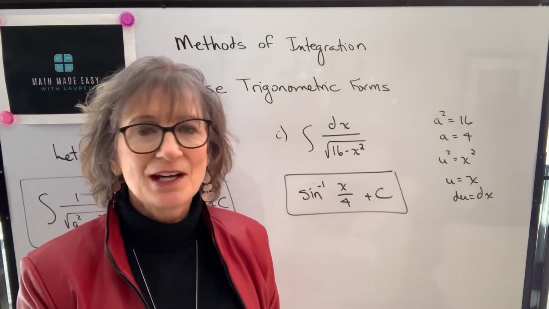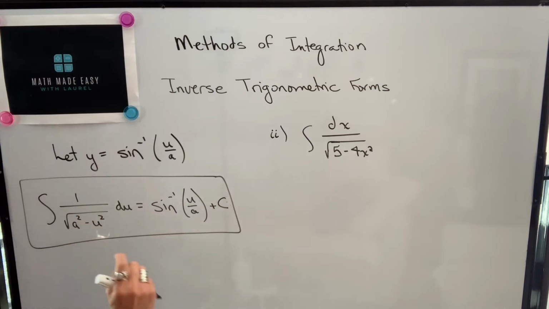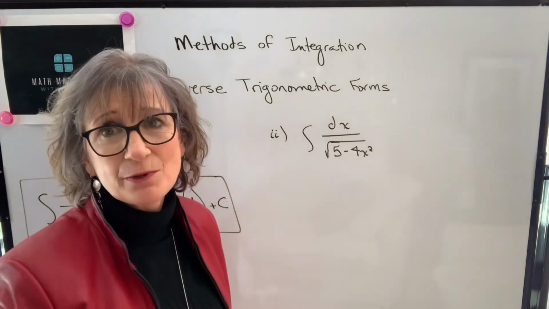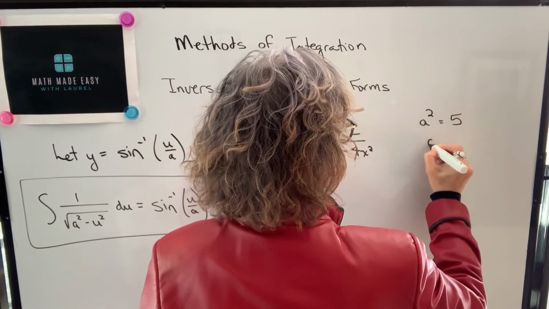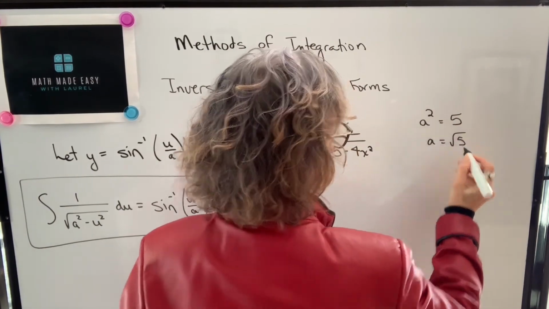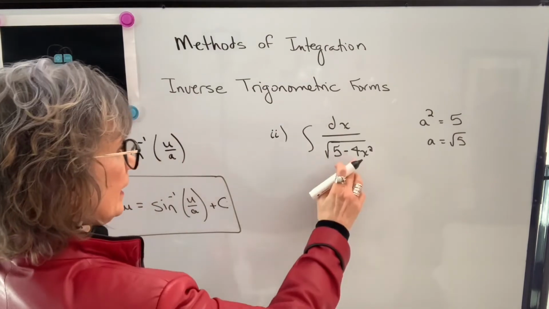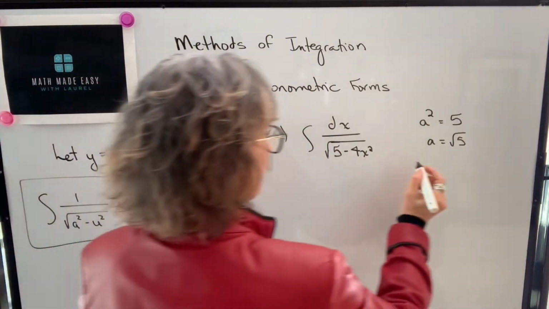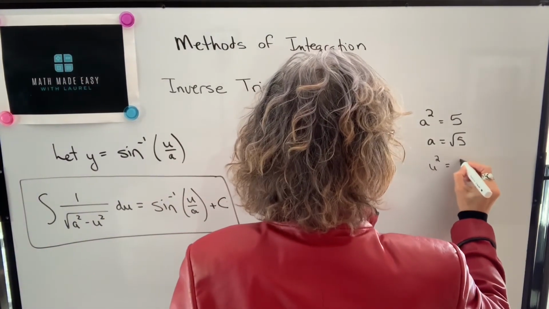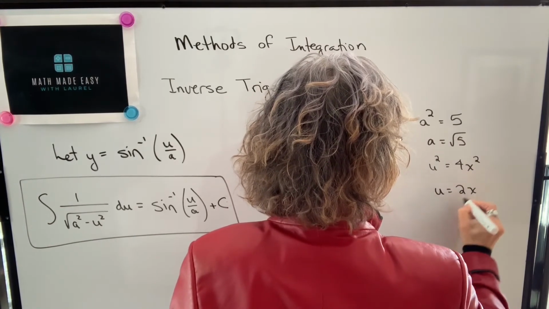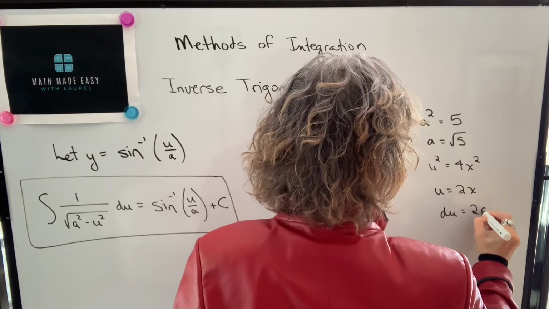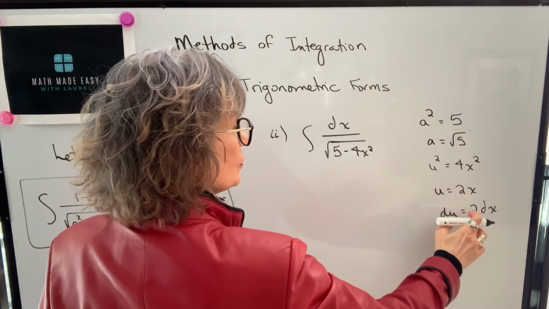Let's do another example. A squared doesn't have to be a perfect square. So if a squared is 5, that means a is square root of 5. And u squared, in this case, is 4x squared. So u will be 2x. So the du factor will be 2 dx. So we need a 2 in our numerator.